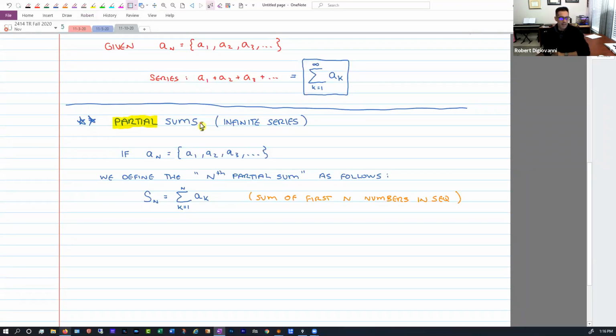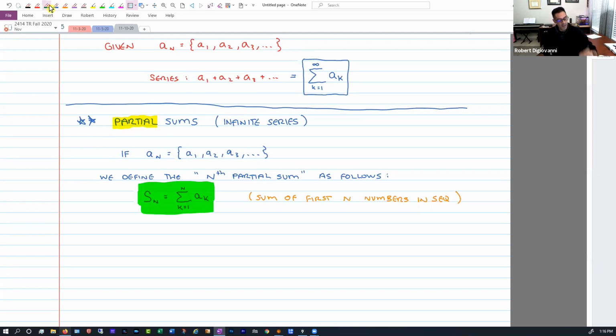We're not looking at the infinite series. The infinite series is the sum of everything, everything added up. A partial sum is just the sum of the first n numbers. So we are defining this, what I have here in green. This is a definition. We are calling this the nth partial sum.